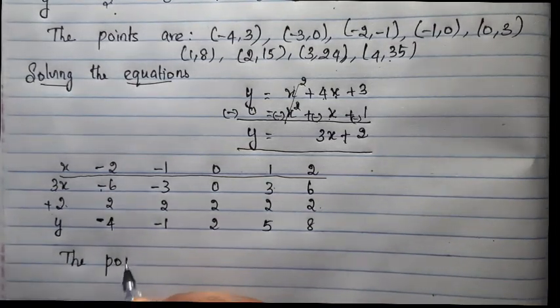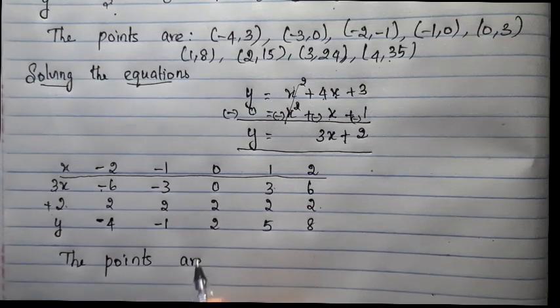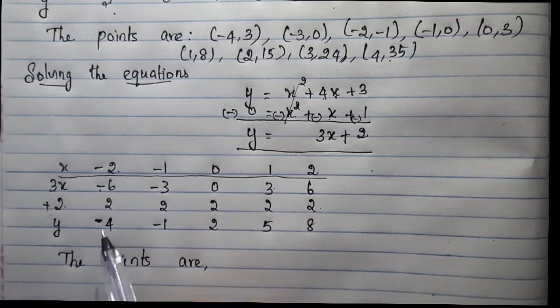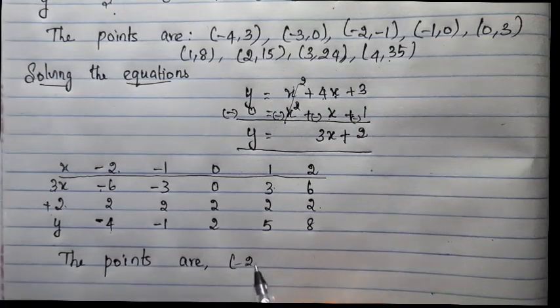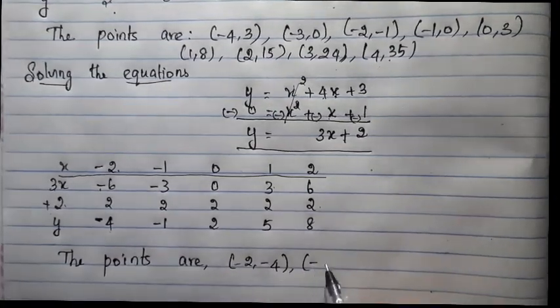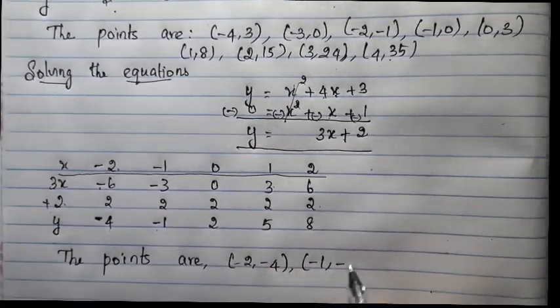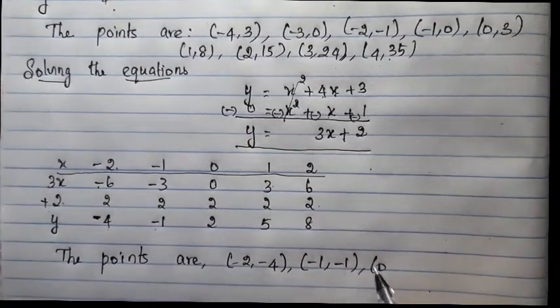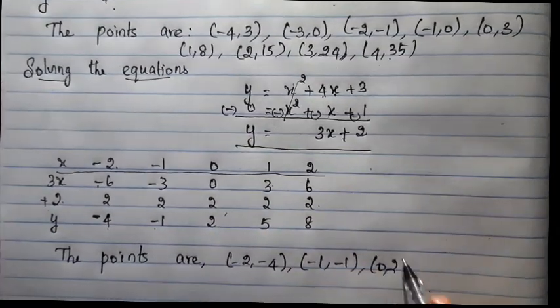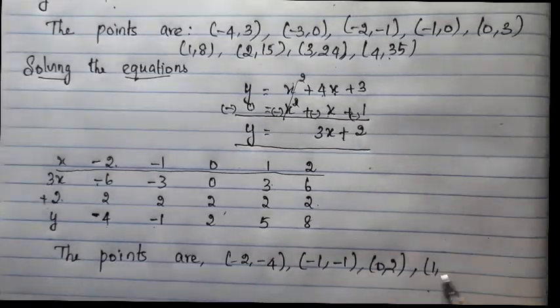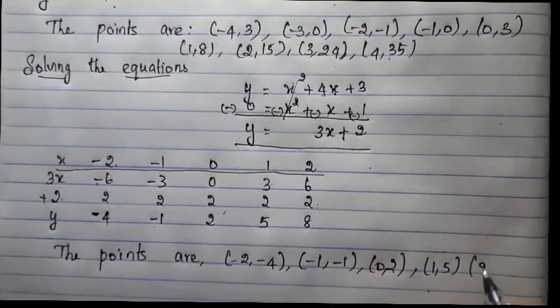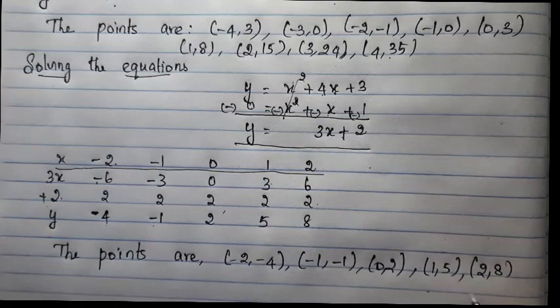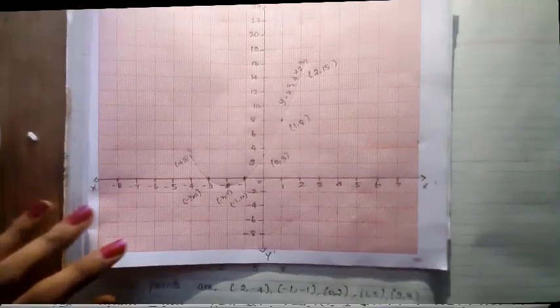The points are: minus 2, comma minus 4. Then minus 1, comma minus 1. 0, comma 2. Then 1, comma 5. 2, comma 8.